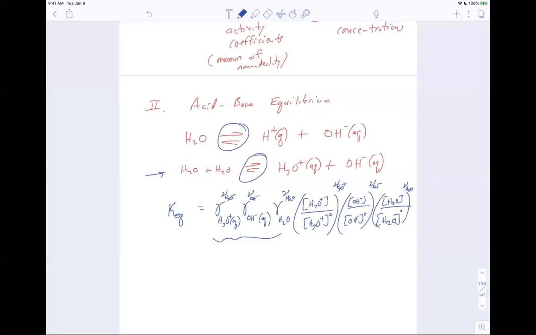So what this really means is that if you have a species like H3O plus or OH minus, they're so dilute that you don't have to worry about H plus water interactions. It sort of becomes like this really, really dilute species in this sea of water. And what we call this is renormalization, meaning that we forget about the H plus water interactions and we just focus on H plus interactions or H plus OH minus interactions.